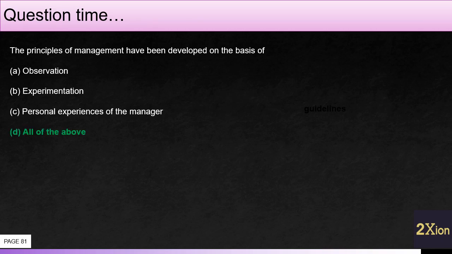It is all of the above, because based on the observation of the managers, their experimentation on various plans, and their personal experiences, the principles of management have been developed.